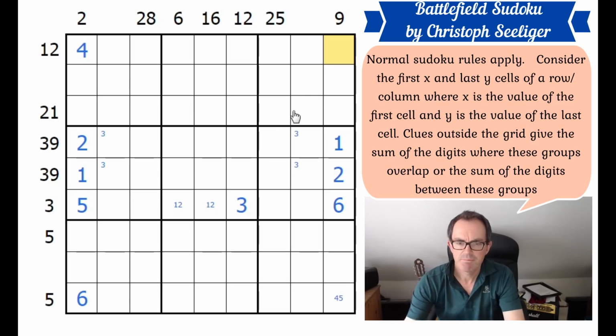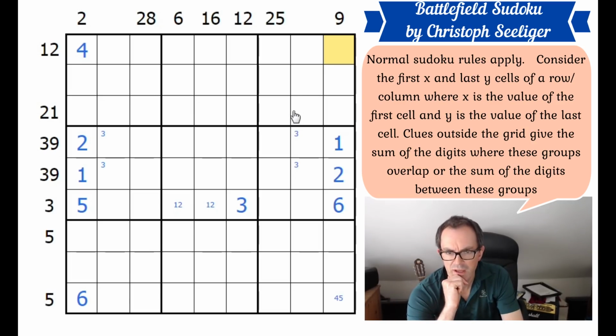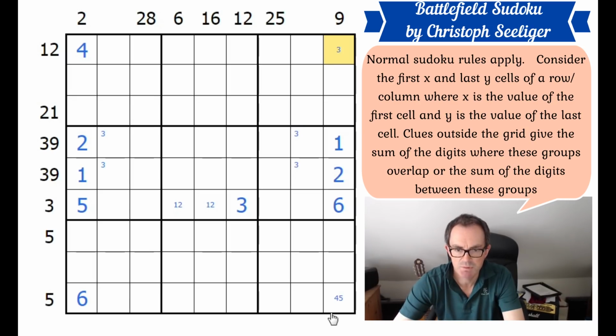Let's have a think. So, if this is a gap clue, this can only be a 3, because it can't be 1, 2 or 4. It can't be 5, because that would force this to be a 4 and there would be no gap. So, if it's a gap clue, this can only be a 3.